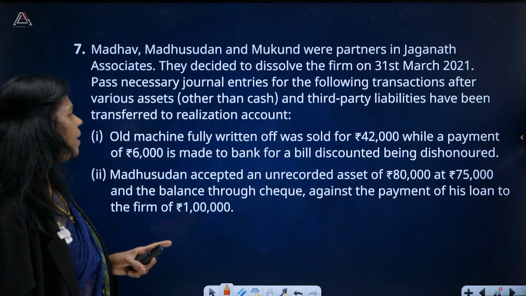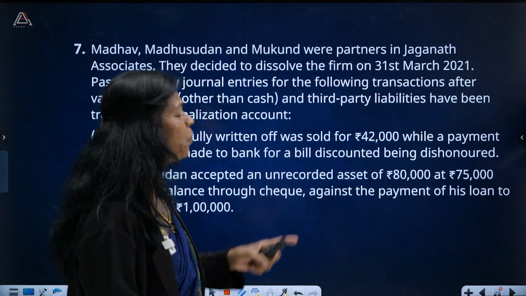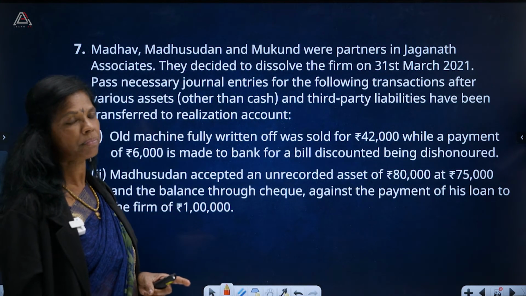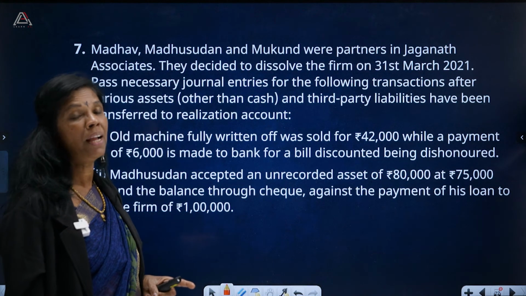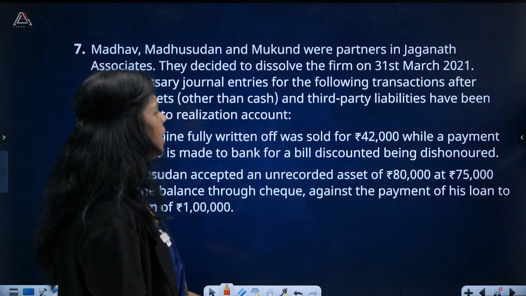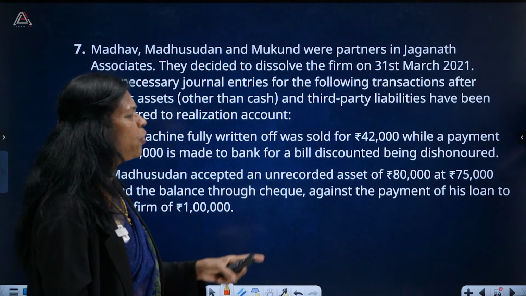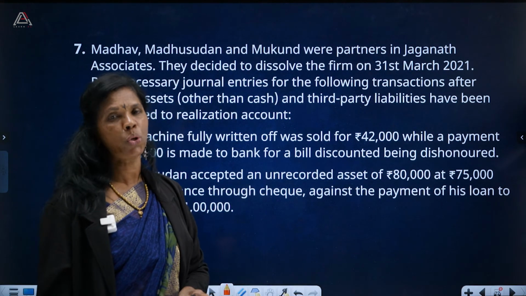Then question number 1, an old machine fully written off was sold for rupees 42,000. There will be an old machine and it was sold for rupees 42,000, while a payment of rupees 6,000 is made to bank for a bill discounted being dishonored.